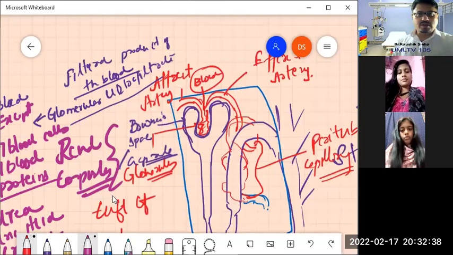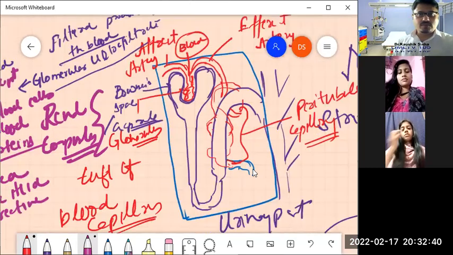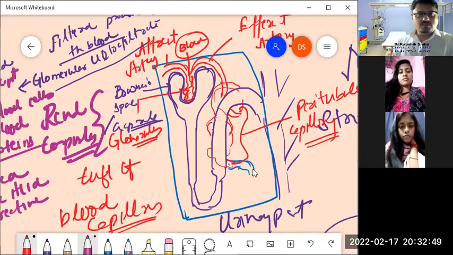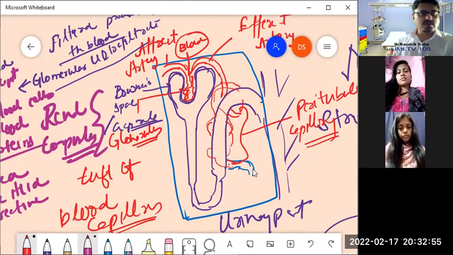Moving back to the diagram of the nephron again, we will find that this Bowman space leads to a tubular structure. Did you notice it? A kind of U-shaped tubular structure. Notice this. Noticed? Yes, sir.